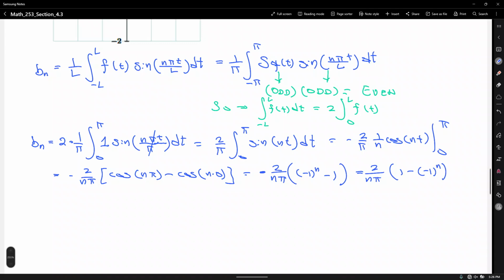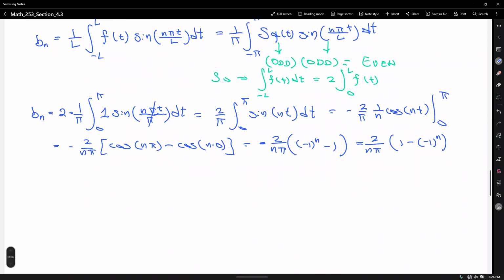And guys, we're ready to write the Fourier series for this square wave function. And I'm going to show you a graph of what we did here.